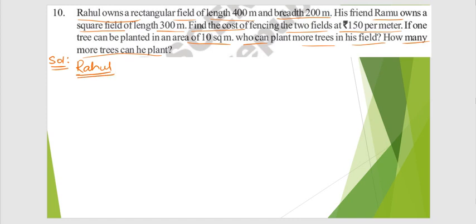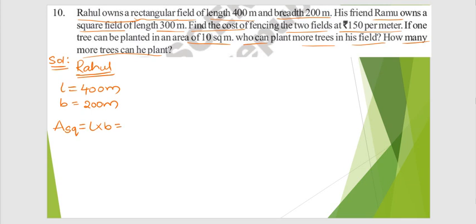So what is Rahul's field? Rahul's field is in the shape of a rectangle, right? Whenever you get a rectangle, you need to talk about length and breadth. He has given length of this particular field is 400 meters. Breadth of this particular field is 200 meters. So from this what I can say? I can say area of rectangle. Area is nothing but length into breadth.